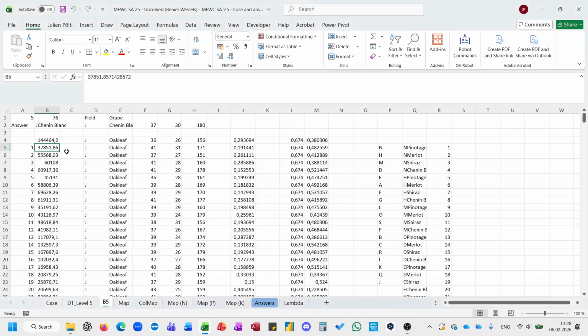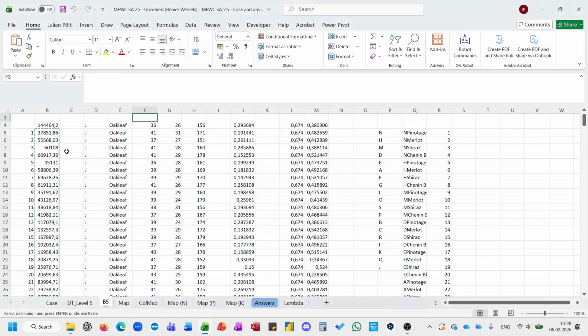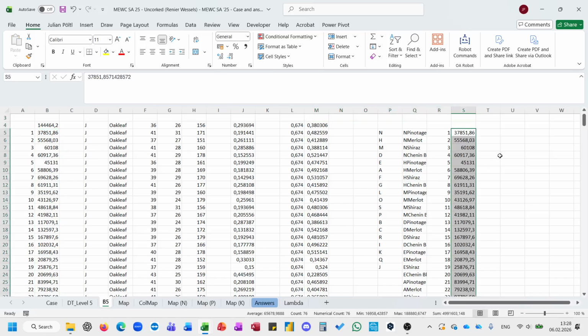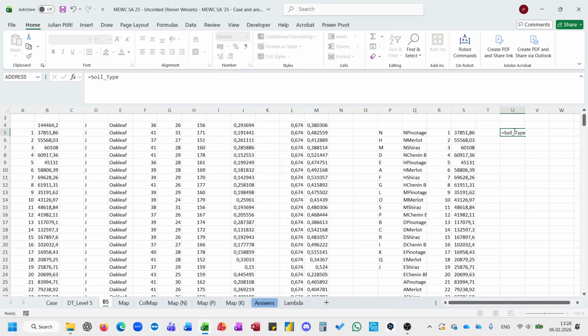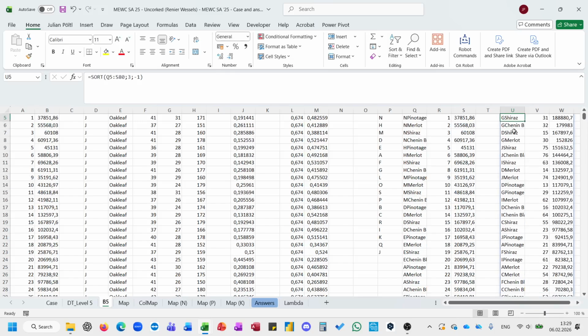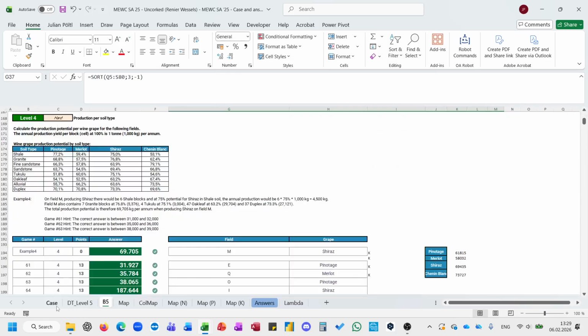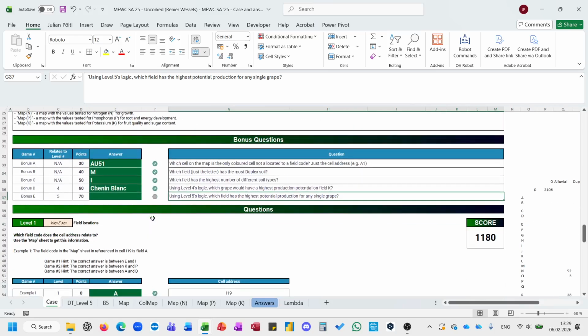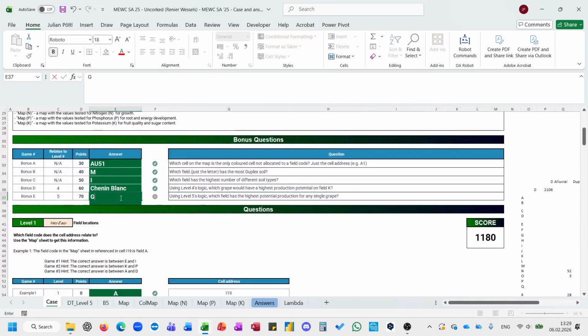It reminds me a little bit of sommelier, also about wine. And then let's sort, not sort type, sort 3 minus 1. And what is asked? I think the field, it's G.